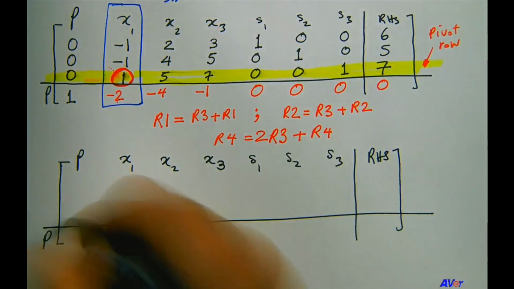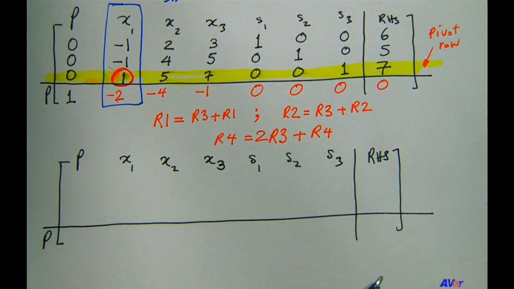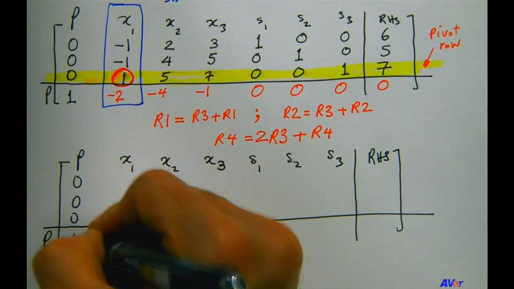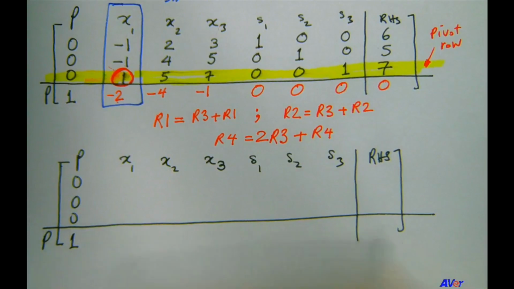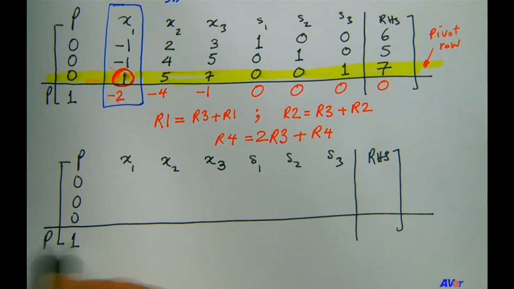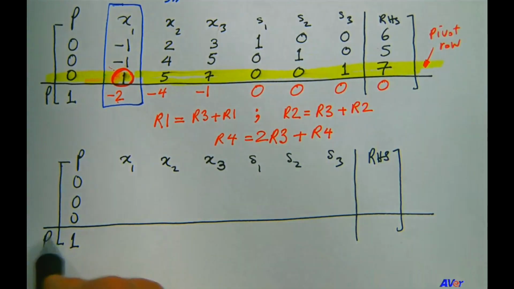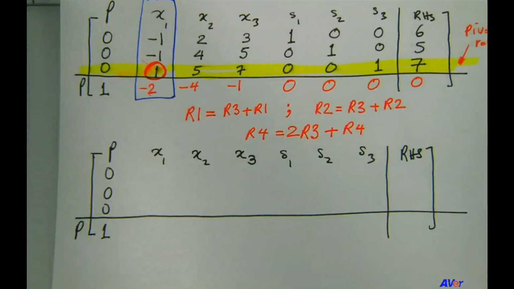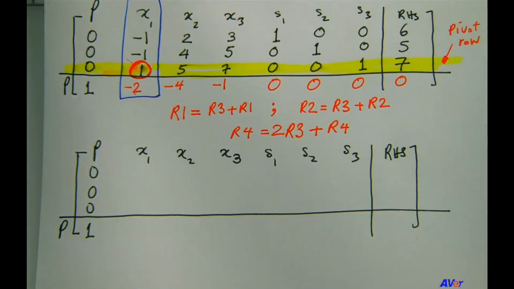And of course, that's the objective row P. Okay? So the first column is always 0, 0, 0, and then the 1 in the objective row, because that's the coefficient of the objective variable P. Okay? Let me move this over a little bit, like that.